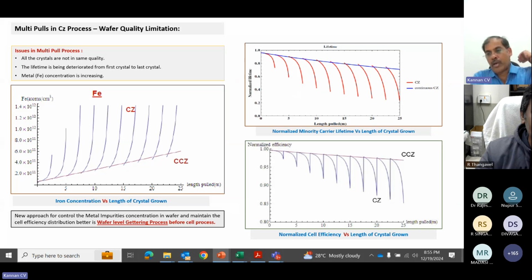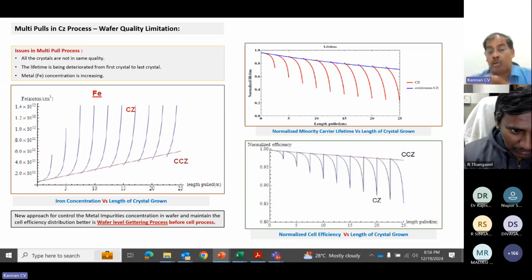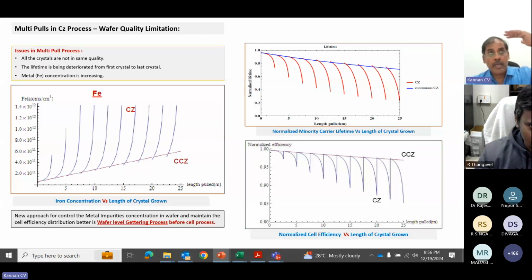When you get the wafers from outside, if you do not have wafer manufacturing, obviously you don't have control. The resistivity and everything is normally the same, but there is still relatively poor performance. That's the reason the Chinese always lead in terms of performance, efficiency and wattage, because they have their own control of the wafer. They know the wafers produced from the first crystal and from the last crystal, and they segregate them.